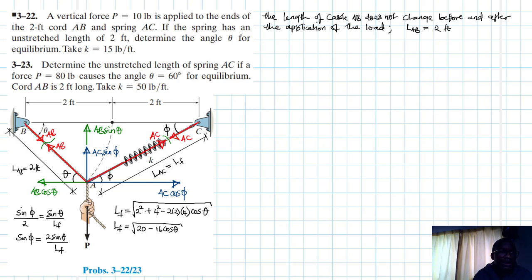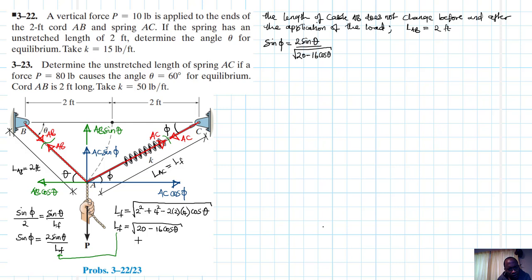So sine phi is just going to be equal to 2 sine theta divided by L final. Okay, you can replace this. This is what we are doing. So this just becomes 20 minus 16 cos theta.